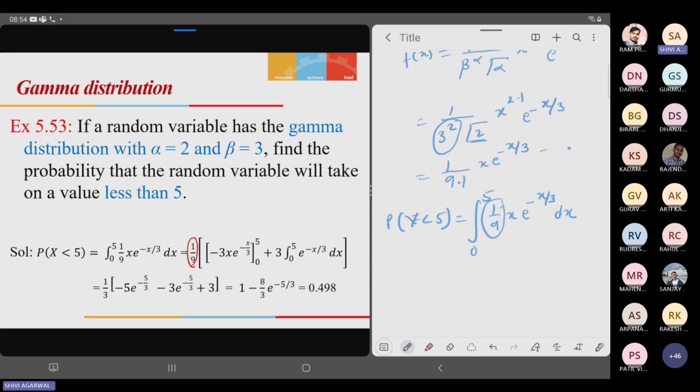Do you remember how to do integration by parts? Correct. Okay, so we are using here two functions. So this is the first function and this is the second function.